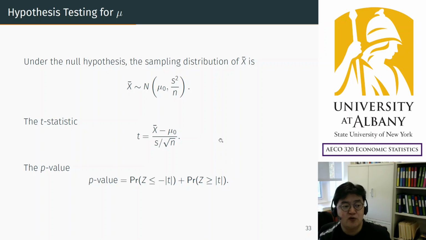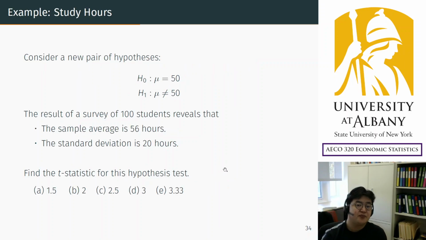So let me give you a different set of numbers. Now, suppose I feel like you are studying much harder for the final. So for the final exam, I believe on average students spend 50 hours to study for the final exams, during the final exam period.